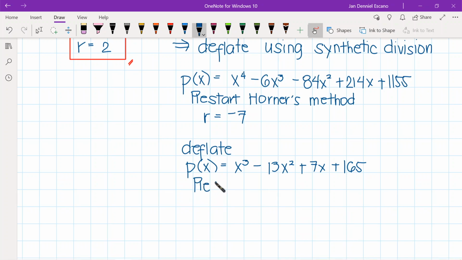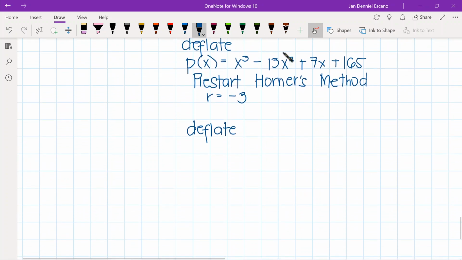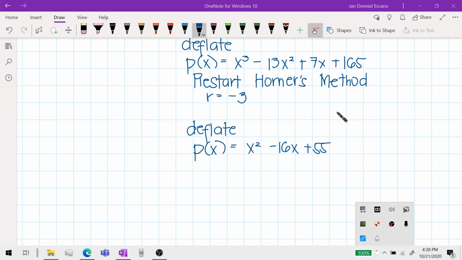So again, we restart Horner's method until it finds its root, which is negative 3. Again, we deflate this by dividing the equation by its root so that we arrive at a new polynomial, which is x squared minus 16x plus 55.